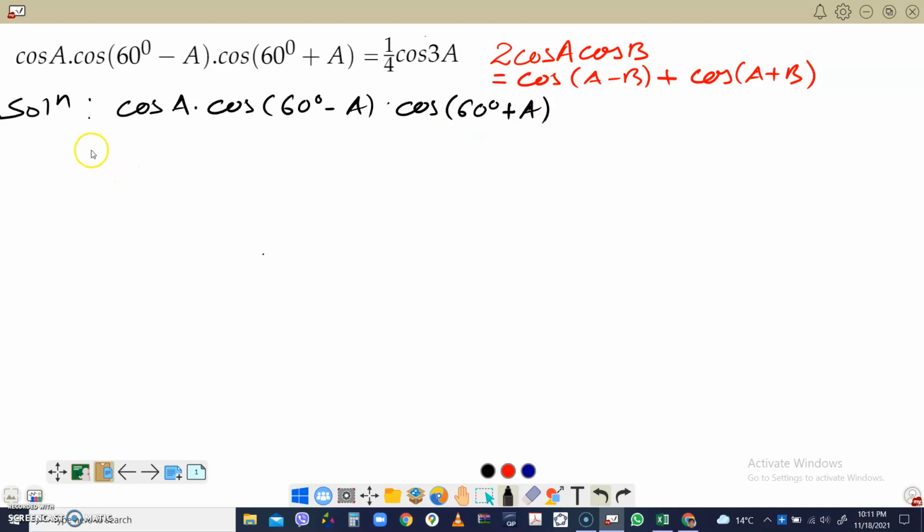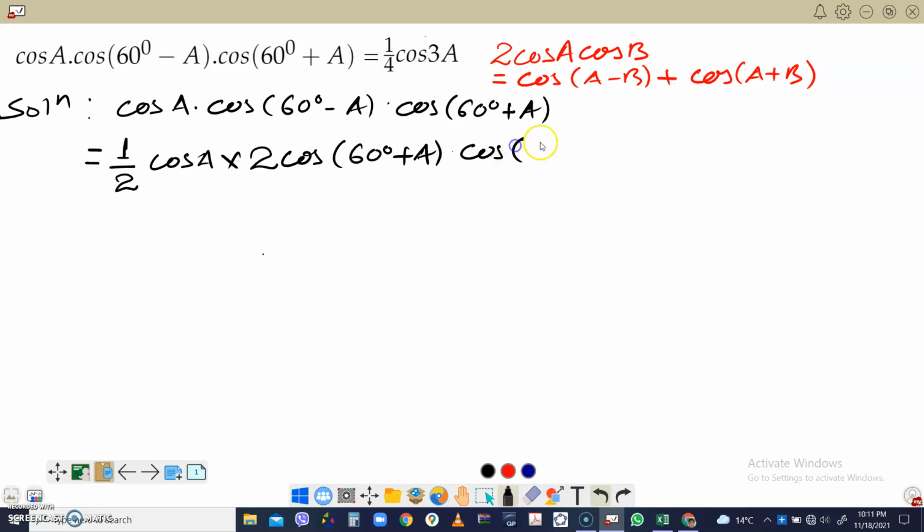Now, as you can see, the transformation formula contains 2, so for that we'll be using half: cos A multiplied by 2 cos(60° + A) cos(60° − A).